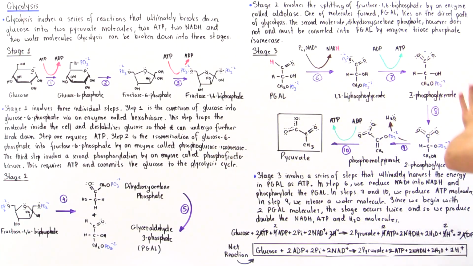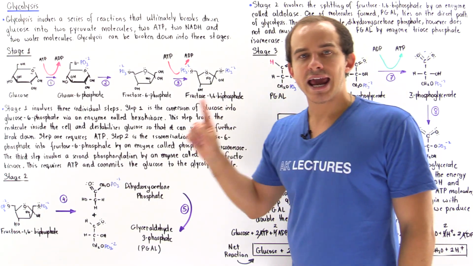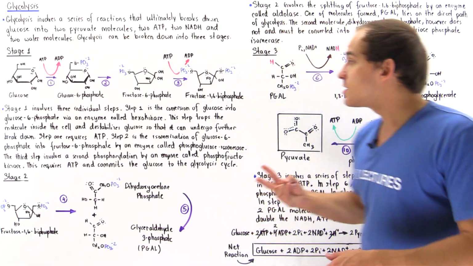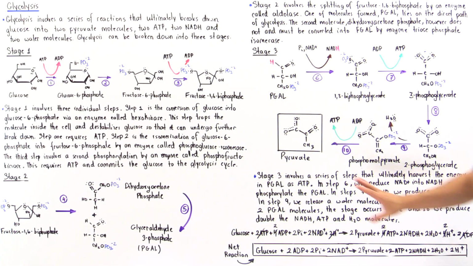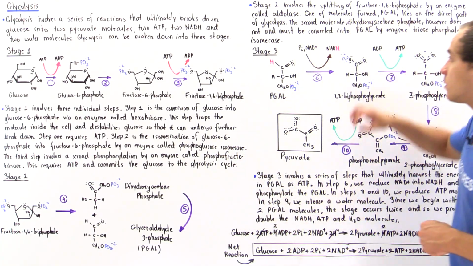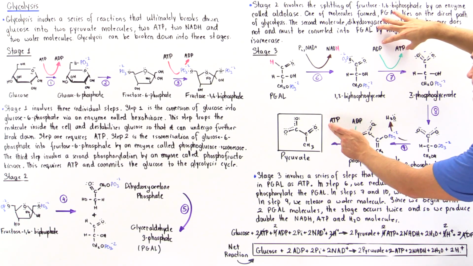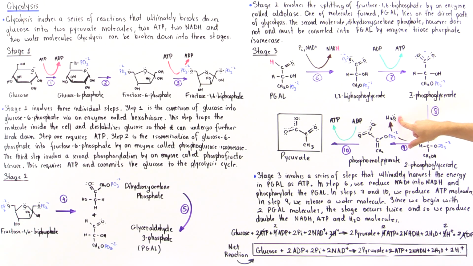Now this only shows 1 PGAL reacting, but in stage 2, we produce 2. So that means stage 3 takes place twice, and we form 2 NADHs, we form 4 ATPs, and we form 2 H2O molecules.